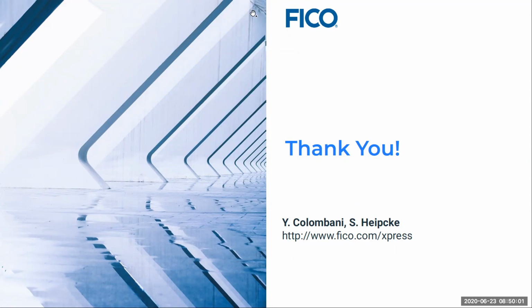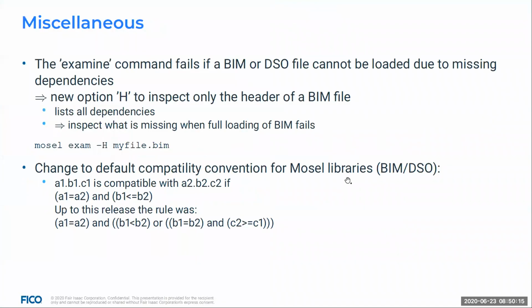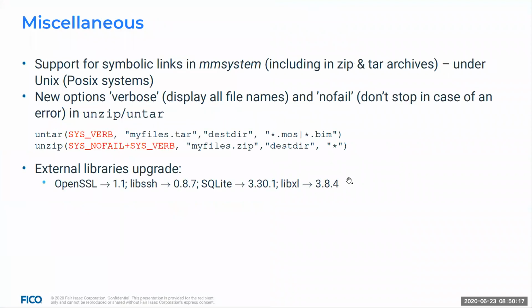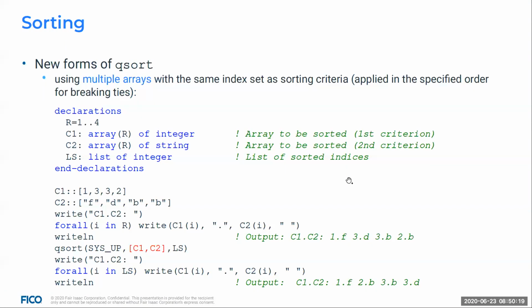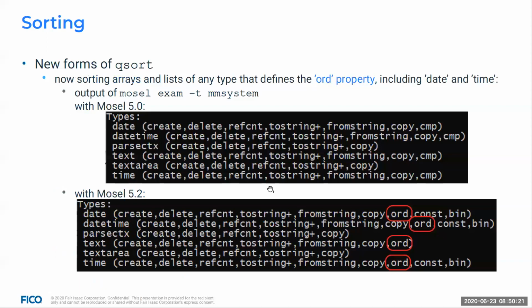So in Mosel 5, the type contained CMP. Now it's odd const bin, and what exactly is bin? People, I think, would love to hear more about it. Maybe you can just repeat what you demonstrated today. You mean this page here? I think this was when it came up, yeah?